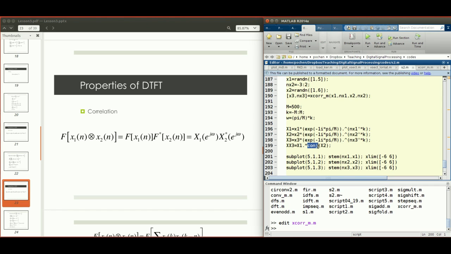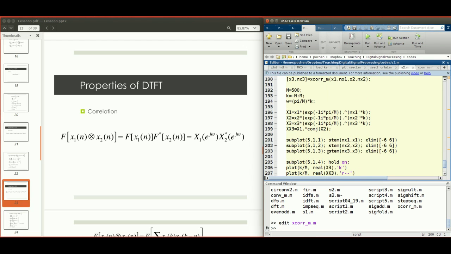The Matlab conjugation function is conj, and you apply it element-wise on big X2, the Fourier transform of the second signal. That gives the right-hand side. Basically we have to compare these two big X3 and see if they are identical.